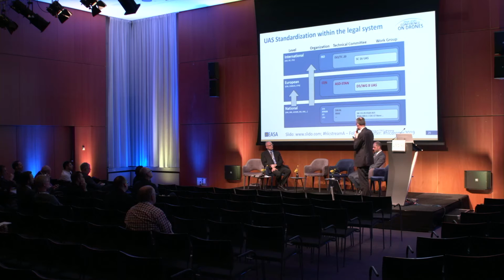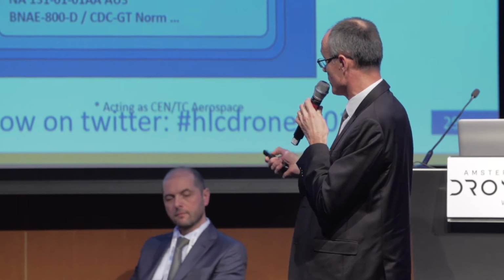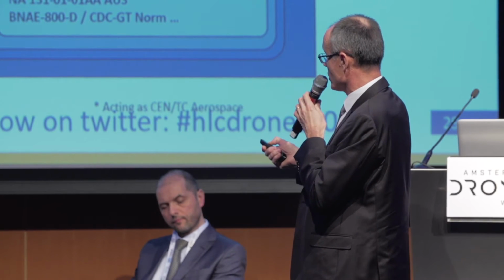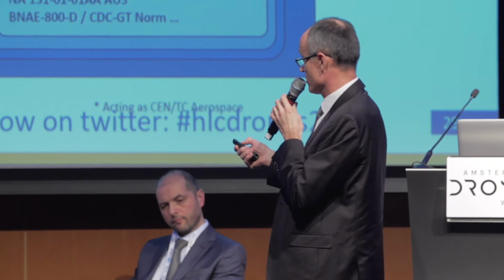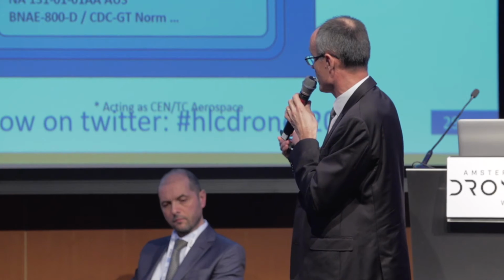At the national level, they contribute to the European level and provide the experts for the European layer, which is organized by CEN, the European Committee for Standardization, with ASD-STAN as associate body for all the development of aerospace standards. And we have a specific work group, D5, domain 5, work group 8, identified for UAS, working on this topic.